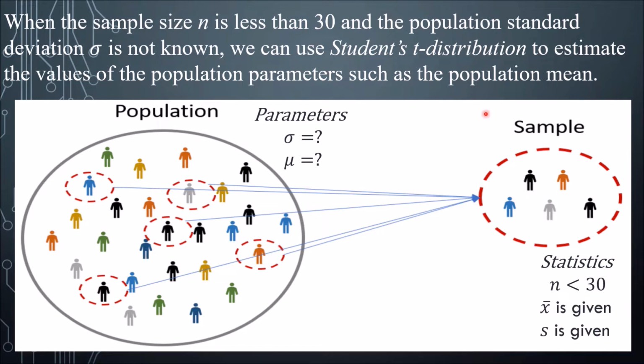So if the t-score is given and the test statistics are given, such as n less than 30, sample mean, and sample standard deviation, we can predict population parameters or estimate their values.